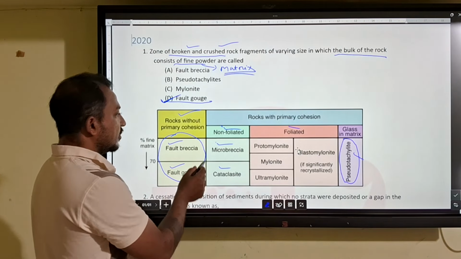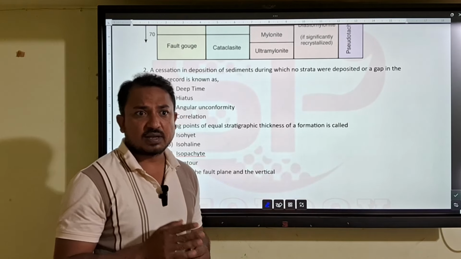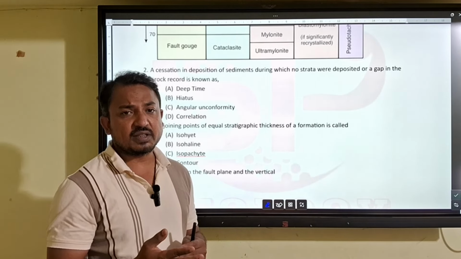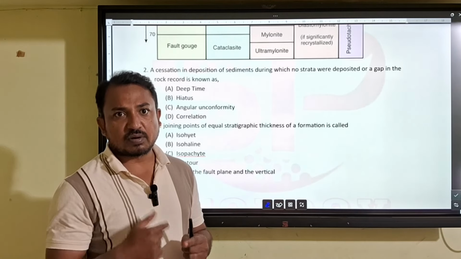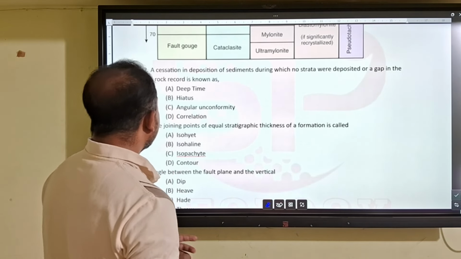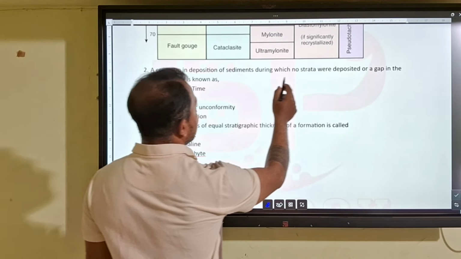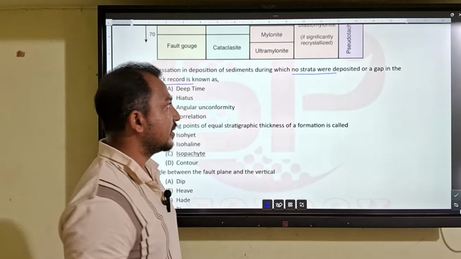So the next question: a cessation of deposition of sediments, during which no strata were deposited, or a gap in the rock record, is known as. If there is a continuous deposition of sediments, sometimes there may be a period of erosion or a period of non-deposition, which is called your unconformity. So these are called unconformity.